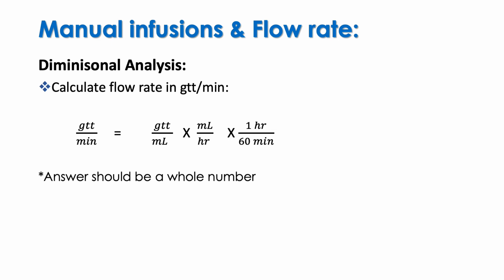So drops per milliliter, and again, this is the drop factor listed on the packaging, 10, 15, or 20, times the milliliters per hour, which is what would be ordered by the provider.